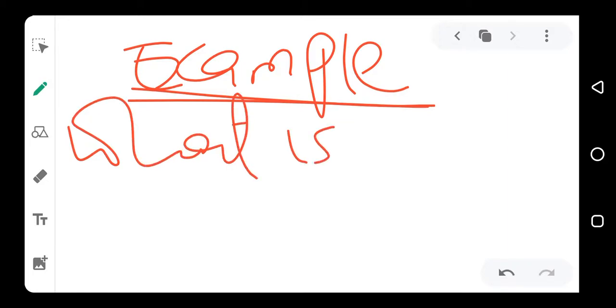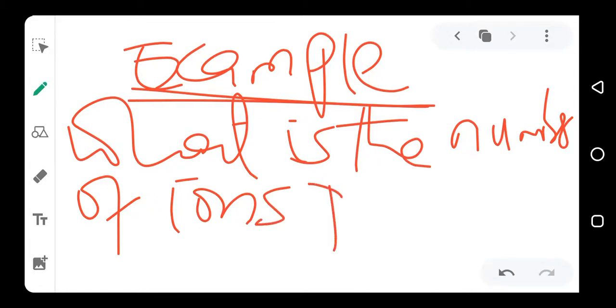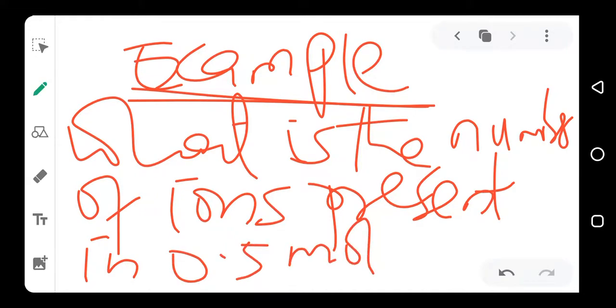What is the number of ions present in 0.5 moles of chlorine ion?